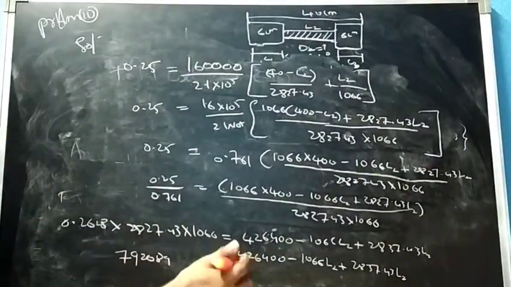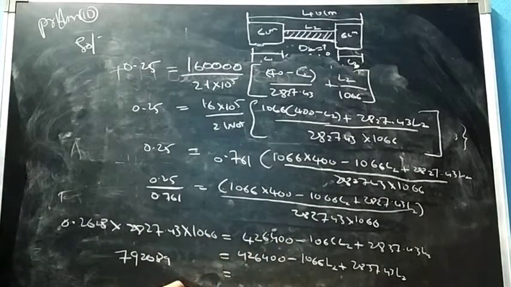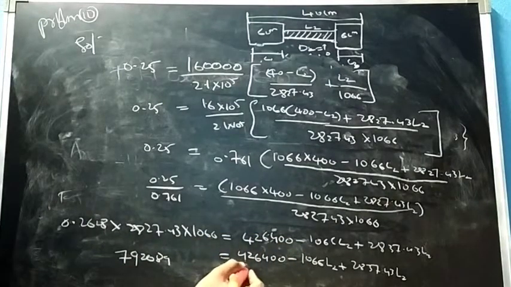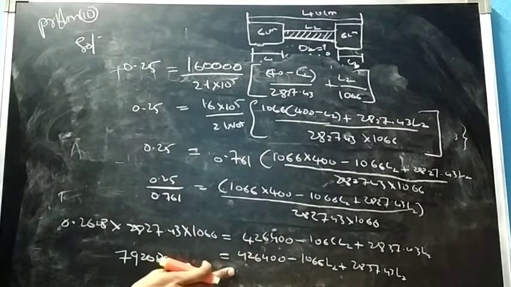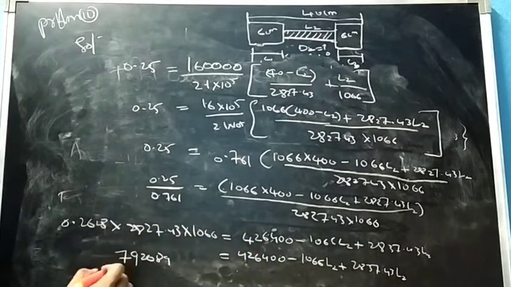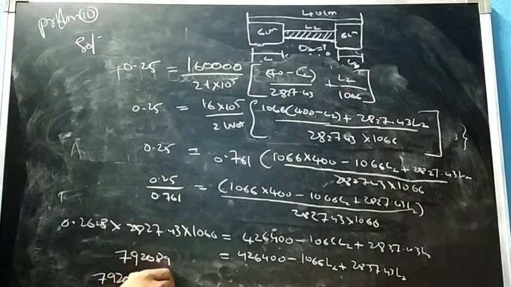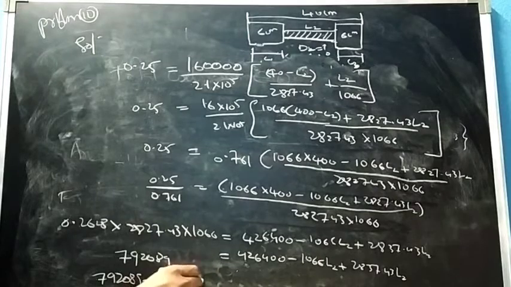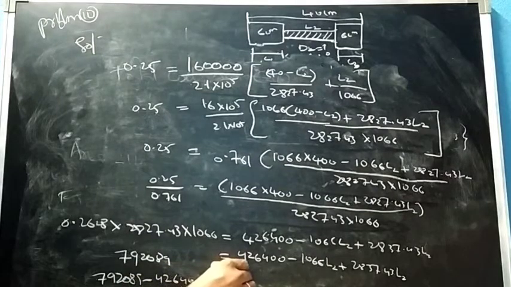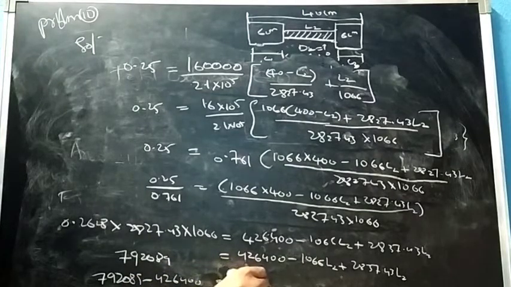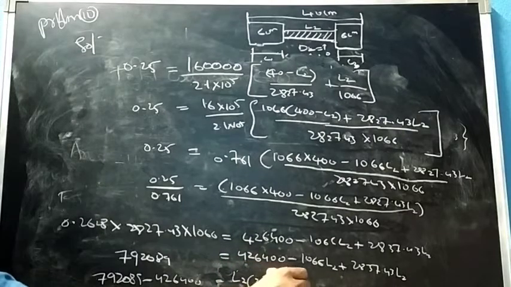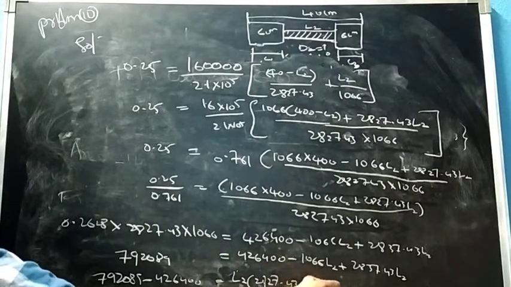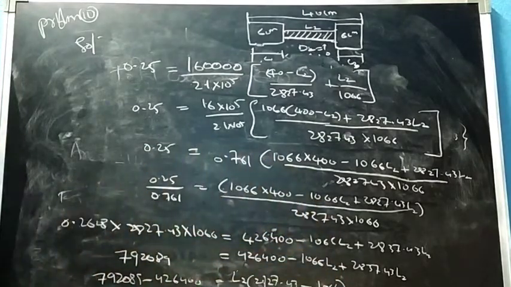So put the value in the calculator, take the L2 common here, so it will become 792,089 minus 426,400 equals L2 into the common term, minus 1066, right?